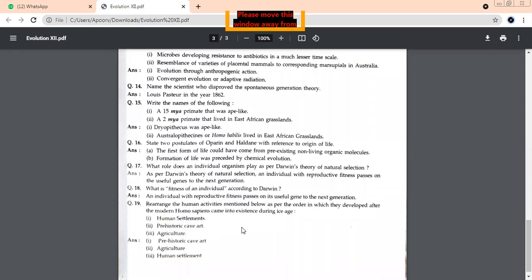Rearrange the activities mentioned below in the order in which they developed after the modern Homo sapiens came into existence during the Ice Age. We have to put them from old to modern. Which do you think was the first thing to be done? Again, this question is from the same table that we did. Prehistoric cave art.